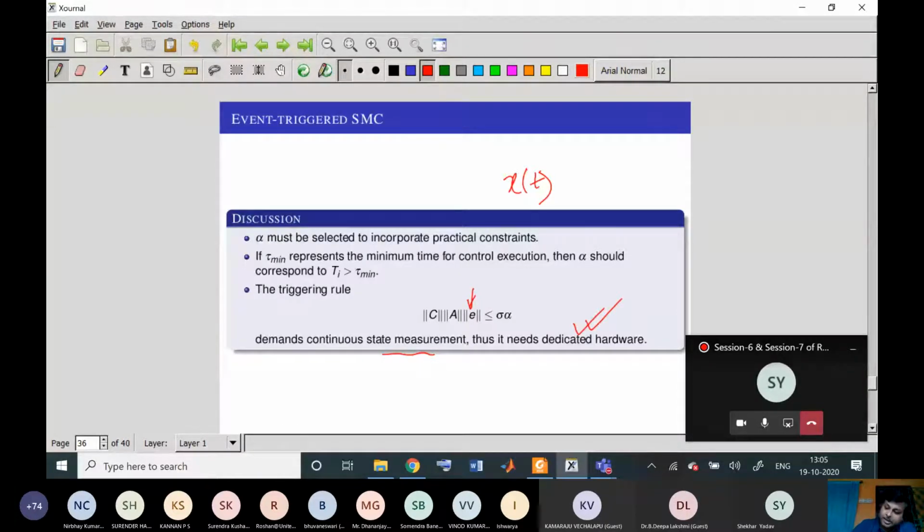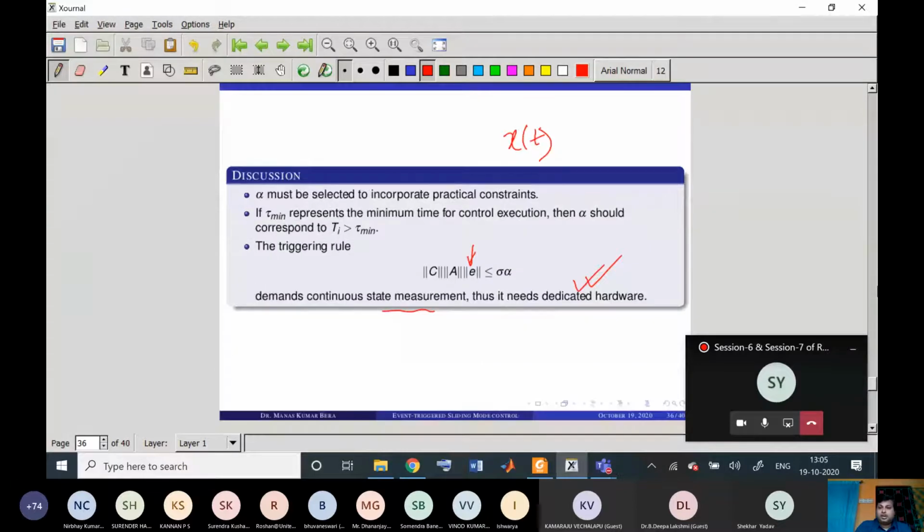And that's why the research started on this question: if we do not have the information of x, then how can we evaluate this event condition? Can we check x of t periodically instead of measuring it continuously? These are important topics for future research.